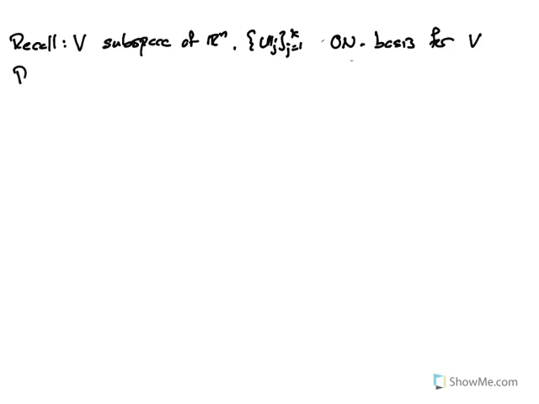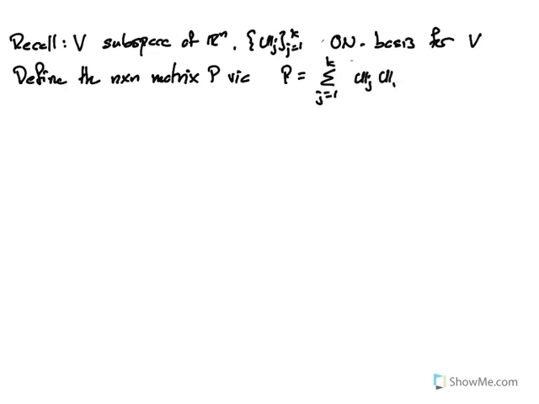Define the n by n matrix P as the sum, j goes from 1 to k, of uj times uj transpose. So I think of uj as an n by 1 matrix. So think of these as column vectors, in other words. So then I form a square matrix.